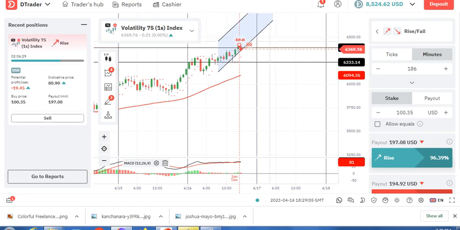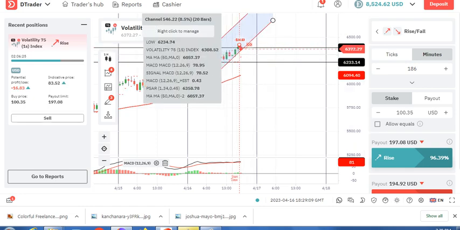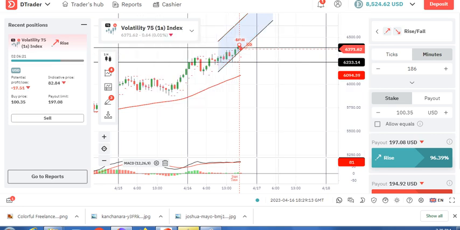I'm sure of that. Even if it bounces back, there is a support here that will push the market back. So I am very sure of that. Let's say I'm 98% sure that the market is going to come in my favor.